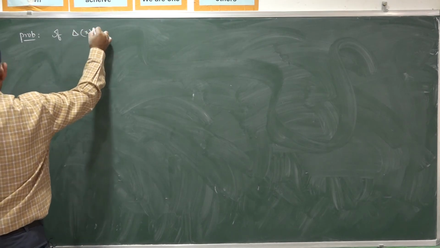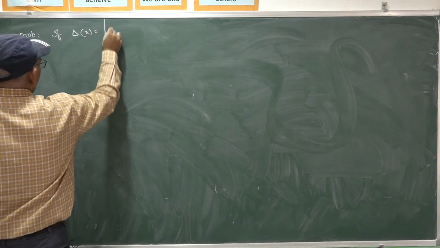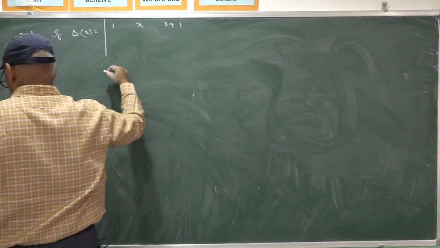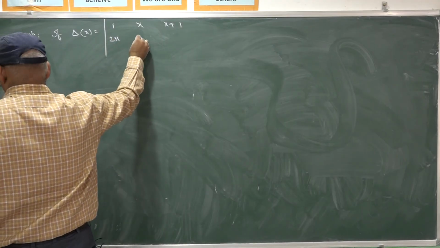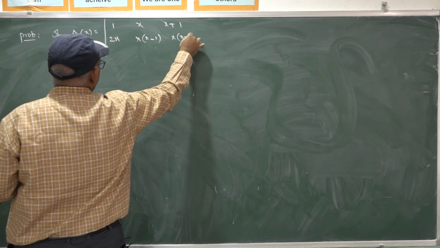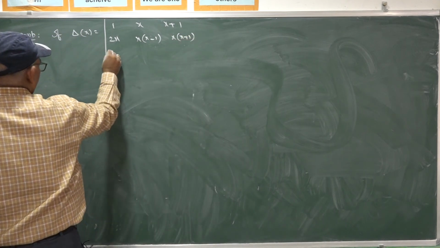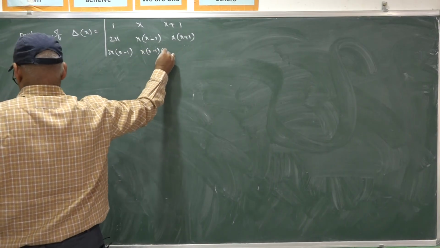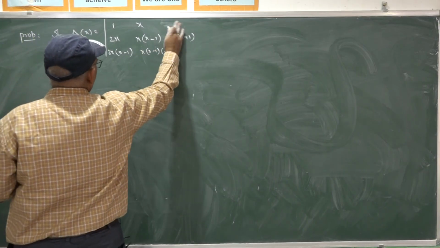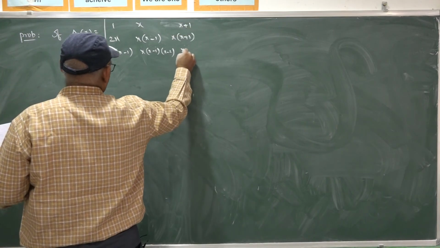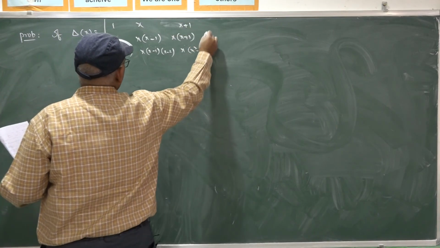If delta of x is the determinant with rows 1, x, x plus 1; 2x, x into x minus 1, x into x plus 1; 3x, x into x minus 1, x into x minus 1 into x minus 2, and the third element of the third row is x square minus 1.